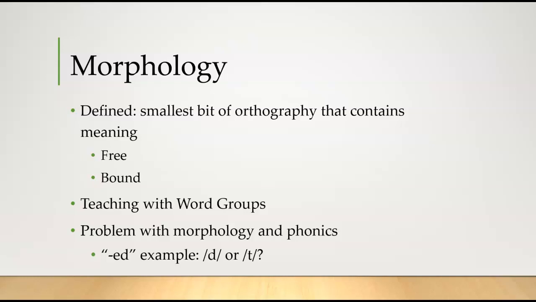So this is something to think about when you do group words in terms of morphology. It's something you can point out and turn into a teachable moment with children and have them do some phonemic awareness and listen for the final sound in the word and see if they can come up with any patterns across the words and identify a rule that might dictate which way the ending sound is pronounced.